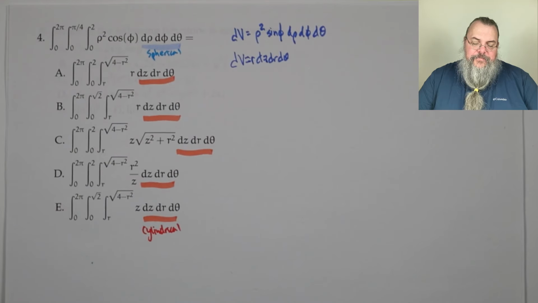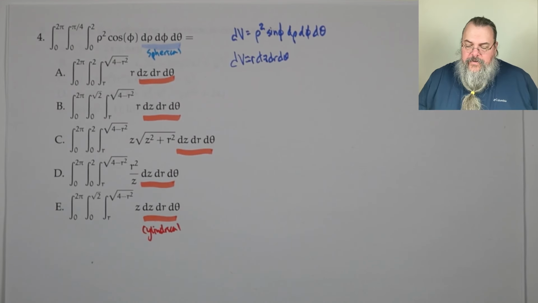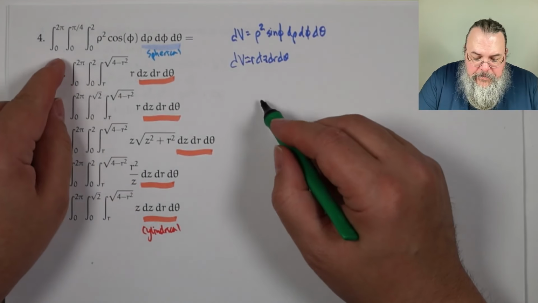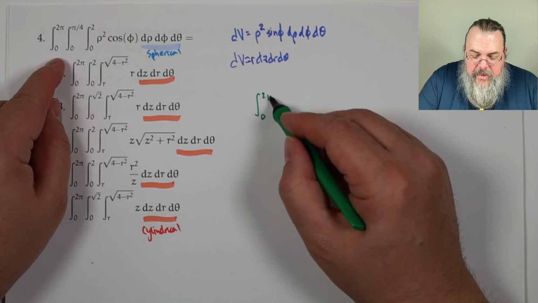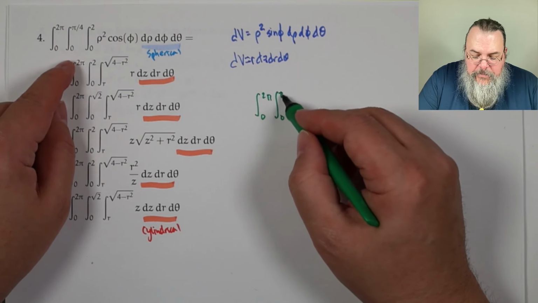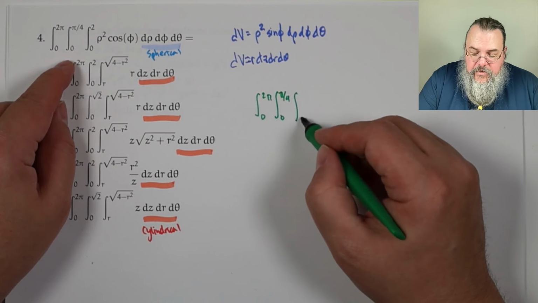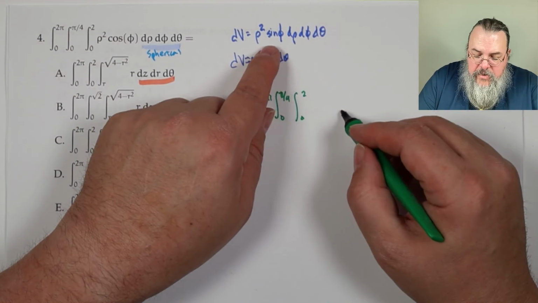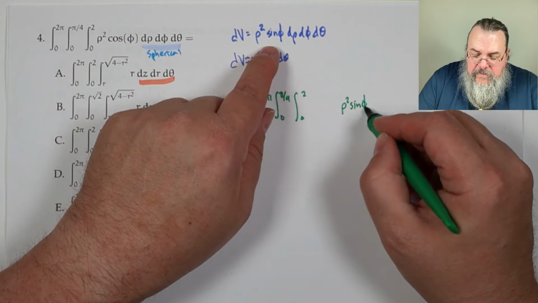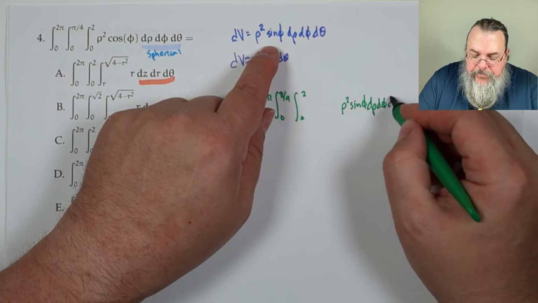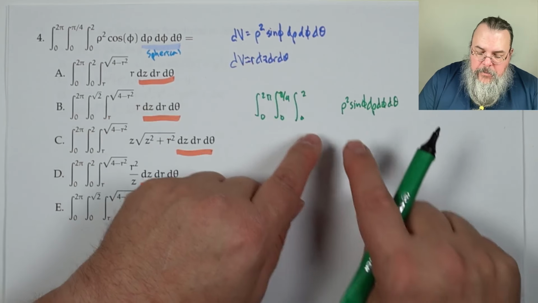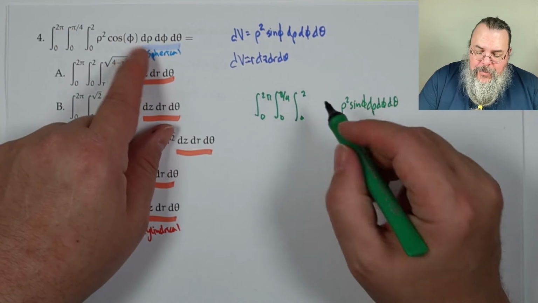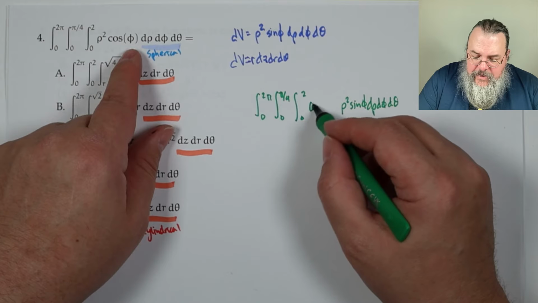So we say, okay, so what can we do with this integral? Well, we can think of it in the following way. Integral 0 to 2 pi, integral 0 to pi over 4, integral 0 to 2 of, and then we're going to pull off on the end a rho squared sine phi d rho d phi d theta. Okay? What's left? Well, what haven't we accounted for? We haven't accounted for the cosine, so that's still left.